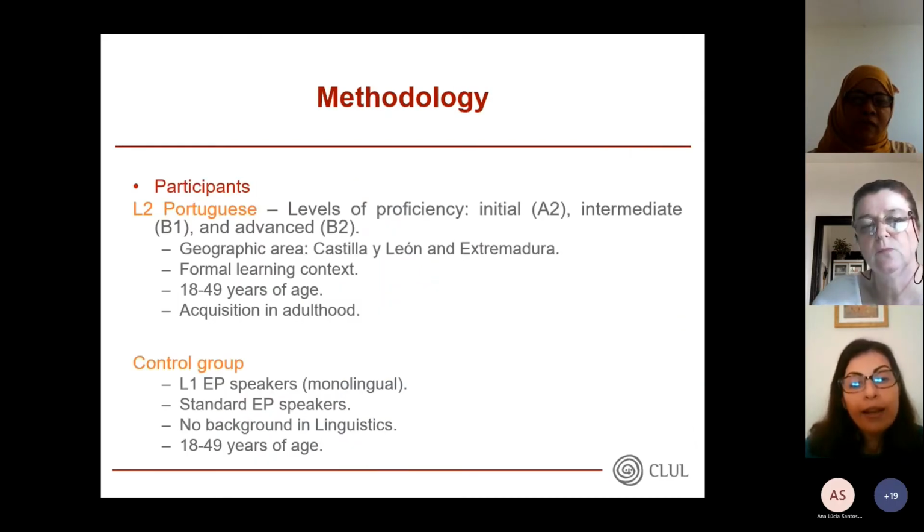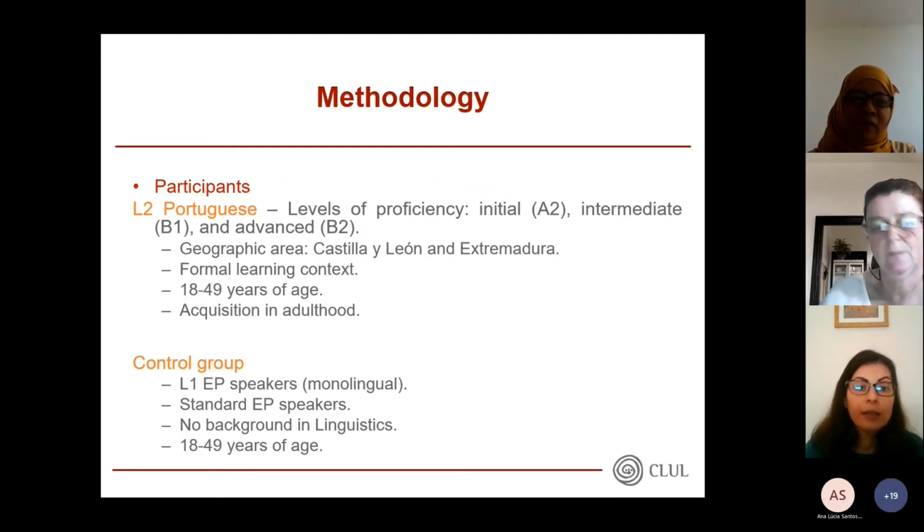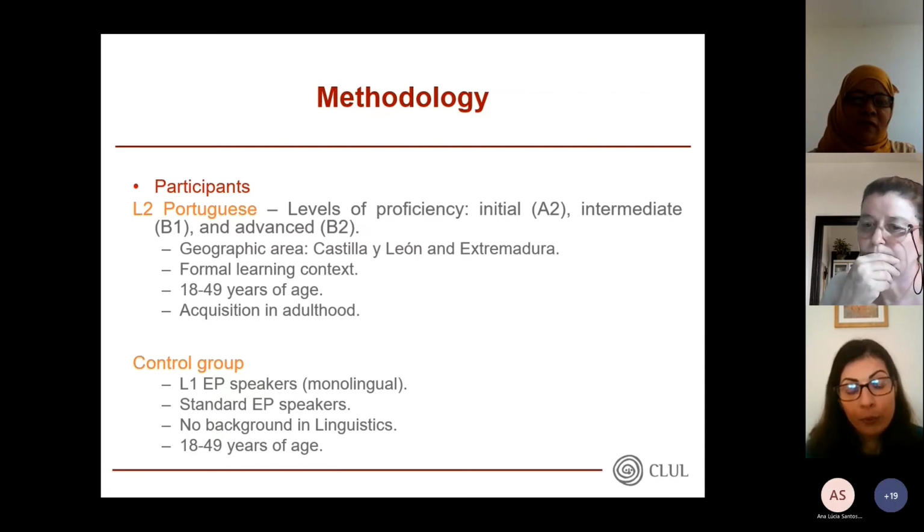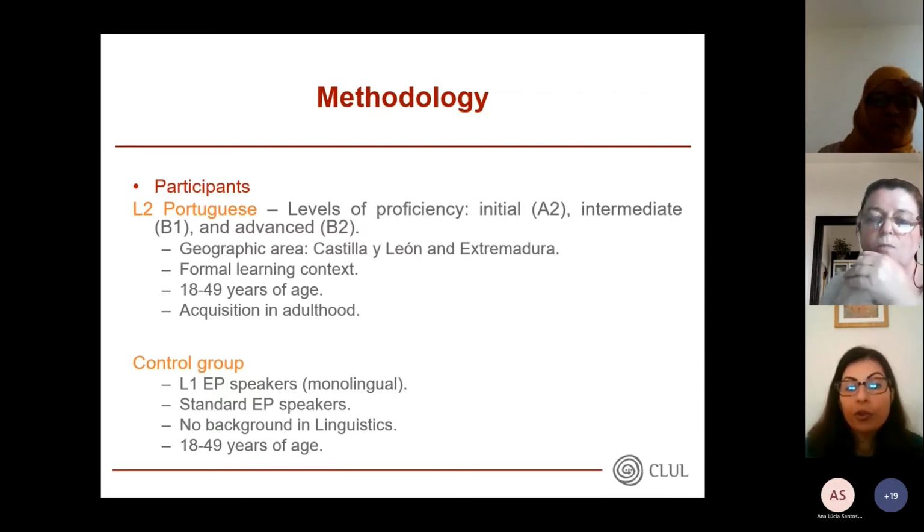So to answer the research question, I will present the results from 3 different experimental tasks. First, some notes about the participants in these tasks. They were divided between 3 different levels of proficiency, A2, B1, and B2. They were all from the same geographic area to avoid dialectal variation.